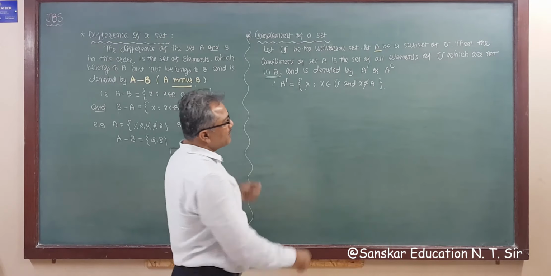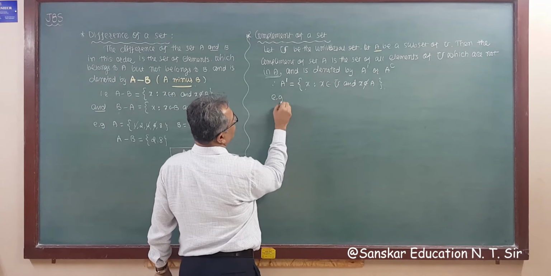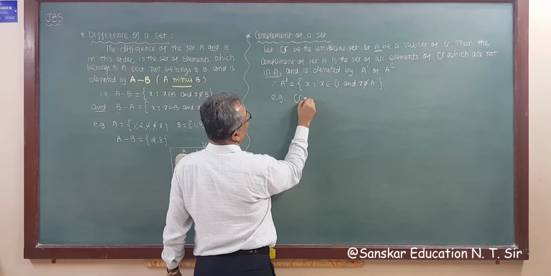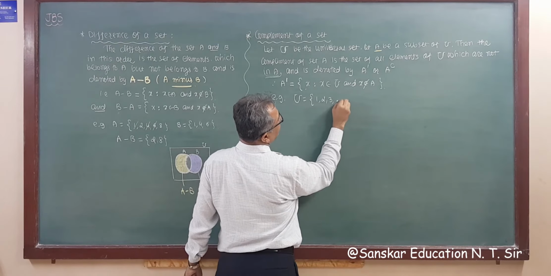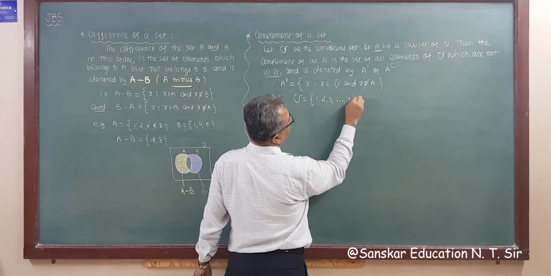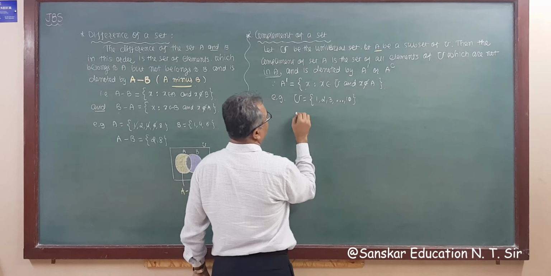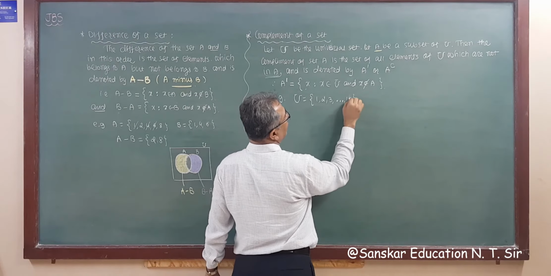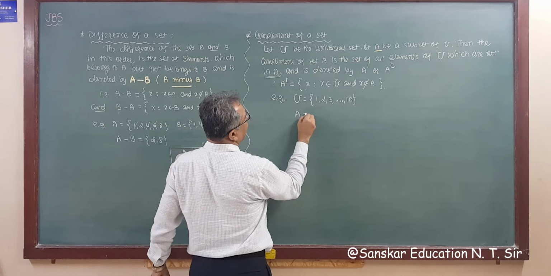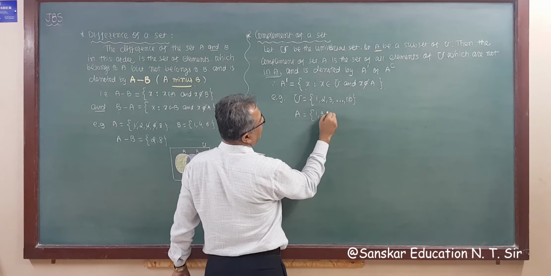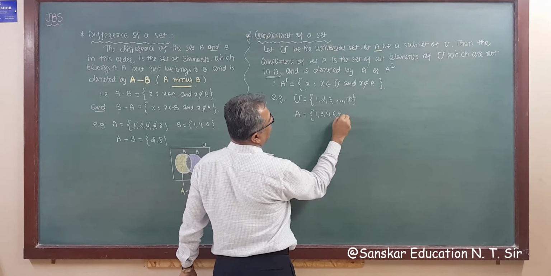So suppose we take one illustration. For example, set U is equal to the set of 1 to 10 natural numbers, and suppose A is the set 1, 3, 4, 6, 7, 9.